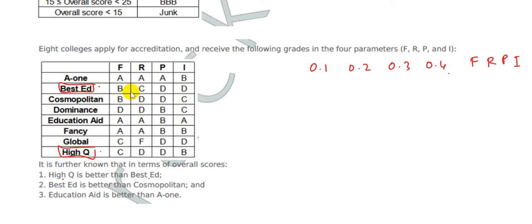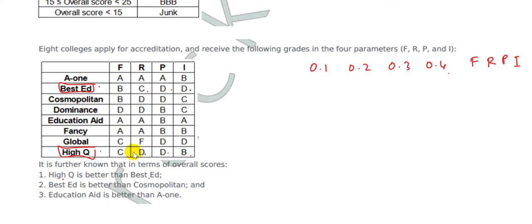Now if I look at their grades, for F the grade is B and C, for R it is C and D, for P it is D and D, and for I it is D and B. So except P, which are the same, I cannot really compare anything, because if High Q has to be more than Best Ed, then the overall score has to be greater.